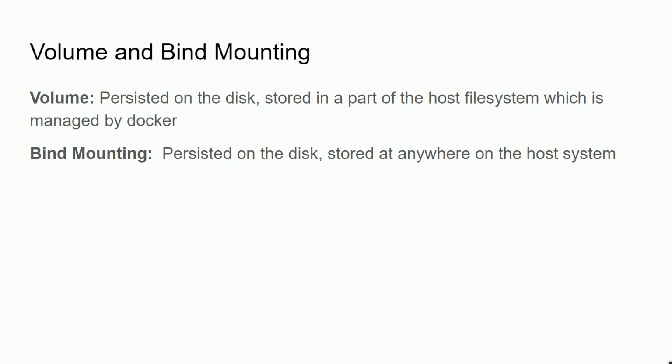For a volume, first you need to create a volume. It is stored on the host, but it is managed by Docker. When we talk about bind, we need to create one folder, and that particular folder we can associate as a storage within the container. That is called bind mounting.